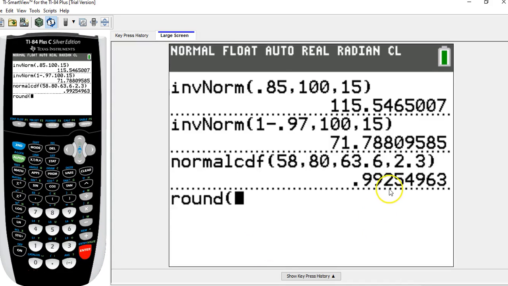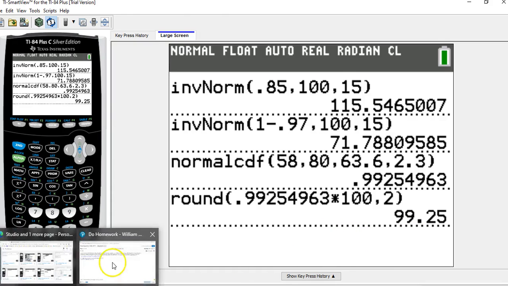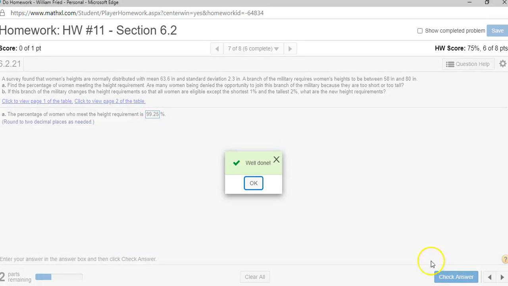I take the decimal 0.99254963, multiply it by 100 to convert it to a percent, then round it off to two decimal places, comma, 2, close the parentheses, and that gives me 99.25. Check answer. Well done.